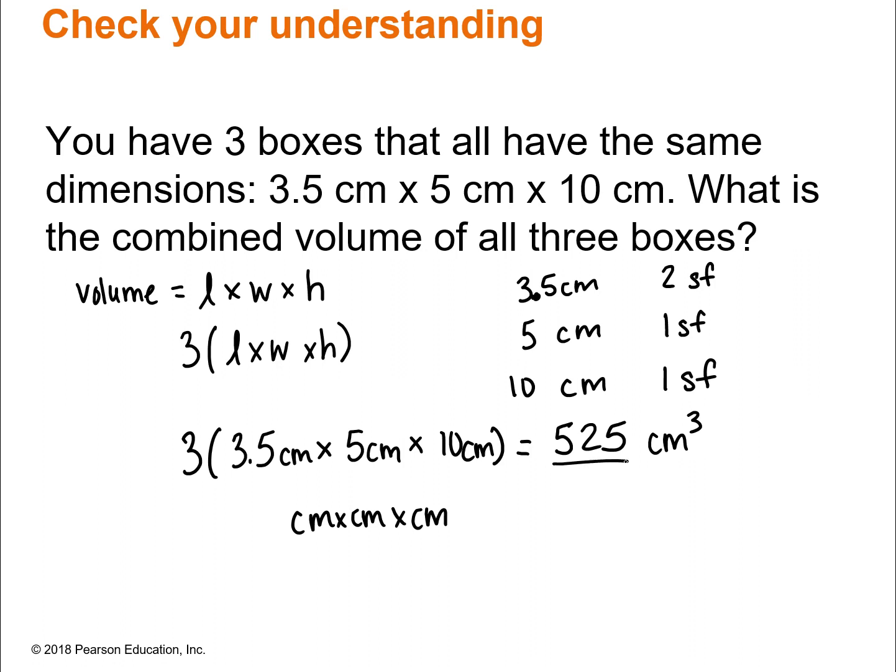But our calculator answer has 3 significant figures. We're only supposed to have 1. If we're going to round this, that means we're looking at that 5 and saying, you stay.